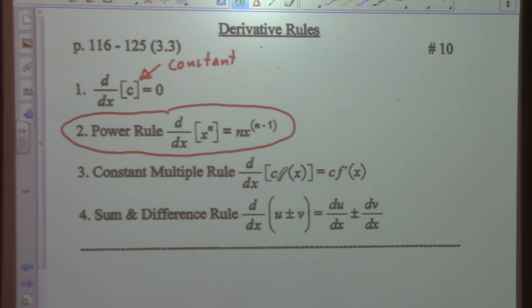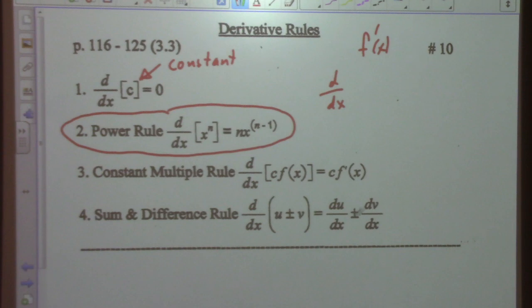The constant multiple rule: by the way, this d dx means the derivative of. Okay, we saw the f prime of x, right? But when you have d dx before something, it means the derivative of. If you have the derivative of a constant times f of x, it's like you can bring the constant outside of f prime of x.